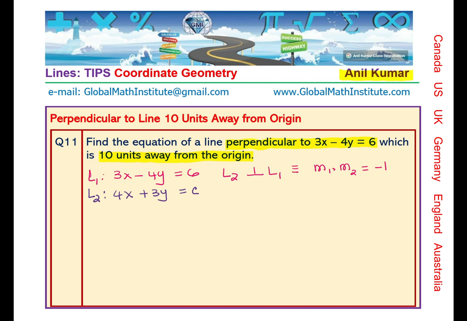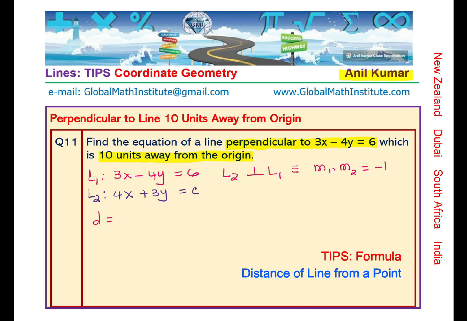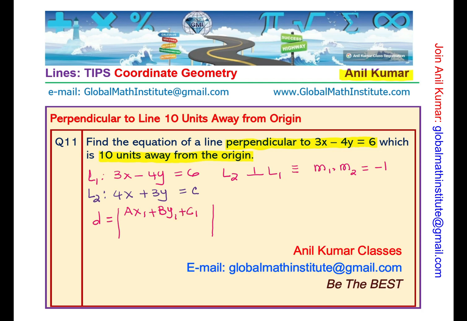Distance is always an absolute value, so if you do calculations and you get some negative value, distance has to be positive. So we take the absolute value, and the formula is the absolute value of a x1 plus b y1 plus c, over square root of a square plus b square.